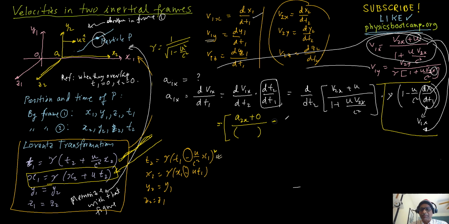And then I have a minus denominator squared, and you have v2x plus u times the derivative of this. So this is 0, so 0 plus u over c squared a2x, and then you have this stuff over here.